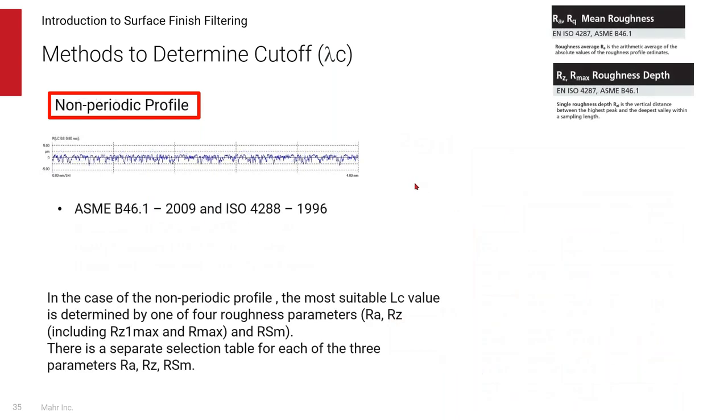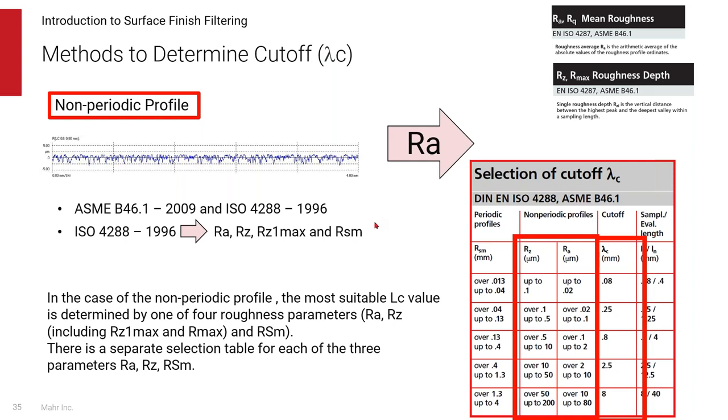But for non-periodic profiles, it's a little more complicated. There's a number of different parameters that should be used to determine what the cutoff length might be. You can use RA, RZ, and RSM as part of the analysis to try and get the right profile. And again, the table provides the capability to select which one of the profiles are going to lead us to the right results.